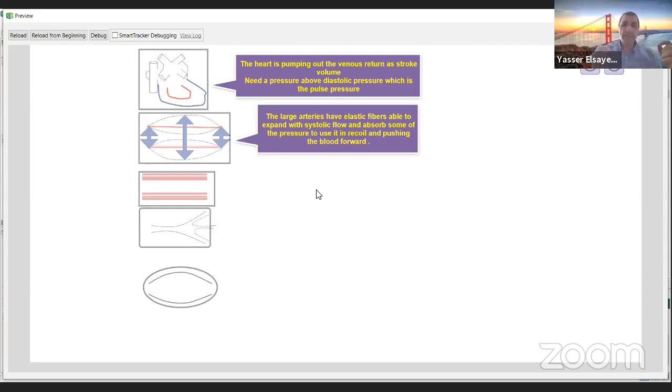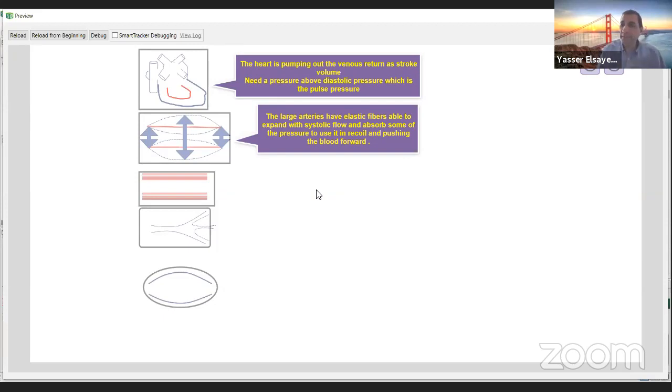When the aorta and large arteries recoil, the absorbed pressure creates the diastolic pressure. So the origin of the diastolic pressure is the heart.